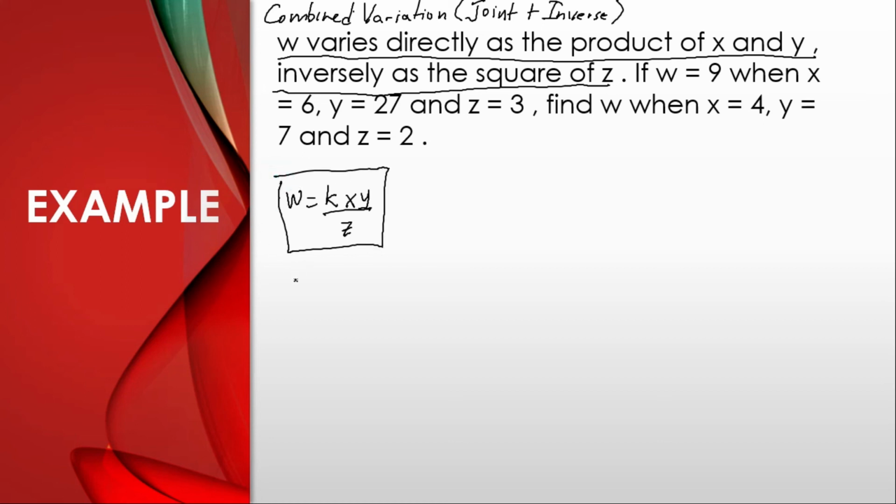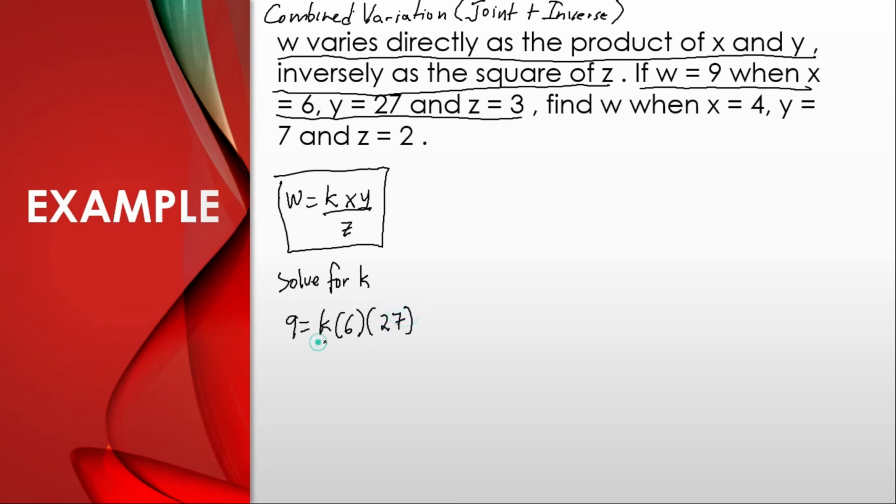Now, we need to solve for k. At yung k natin, so, substitute lang natin to. If w is equal to 9, so z is equal to 3. So, w is equal to 9. At yung k natin is unknown, so leave it be. Our x is equal to 6. And our y is 27.